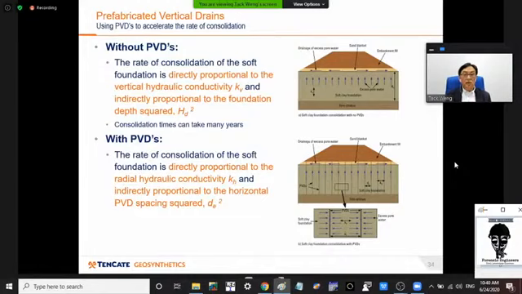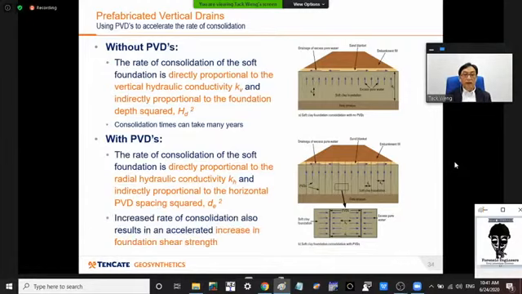With PVDs, when you install the PVD at close spacing, the excess pore water pressure has an alternative path that is horizontally to the PVDs, and then it can escape very, very quickly. So what you get is a shorter flow path for the dissipation of the excess pore water pressure.